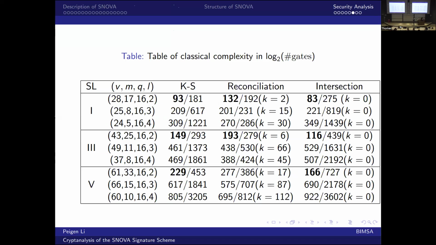So in each pair, the right is the complexity given by SNOVA, and the left is given by us. We know that the complexity on the left is much smaller than the right. And in the case of L equals 2, some parameters will not reach the security level of NIST.